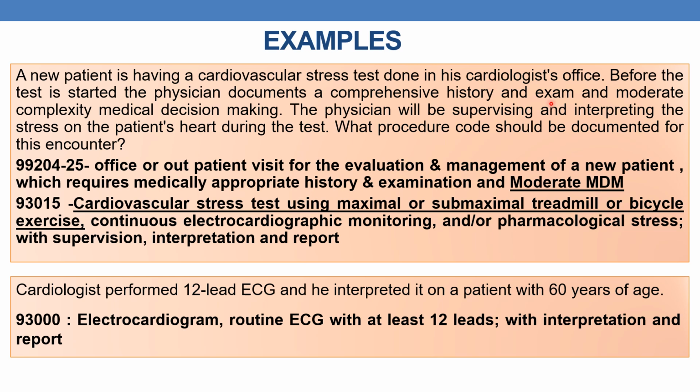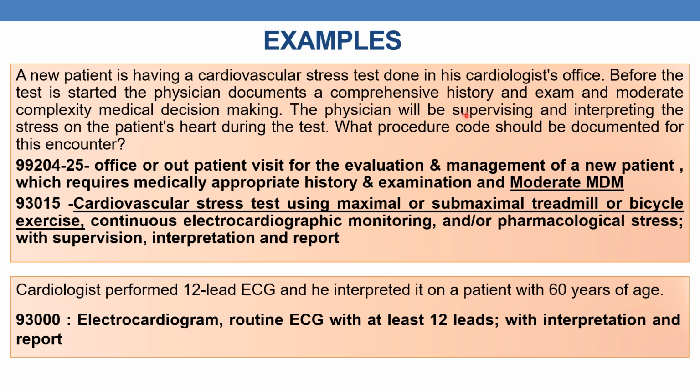Since moderate MDM is reported, we are coding 99204. Additionally, a cardiovascular stress test is performed, so you need to append modifier 25 to indicate a separate identifiable procedure done on the same day.